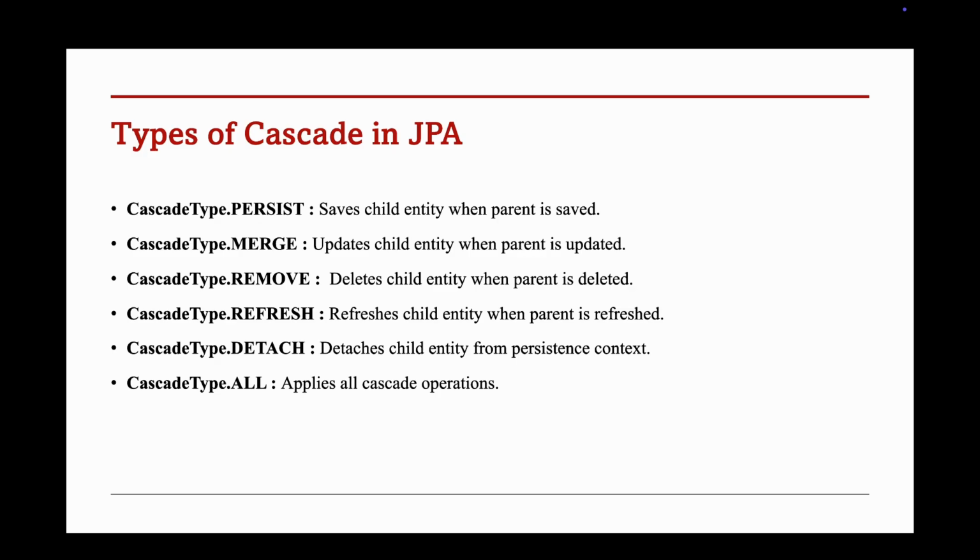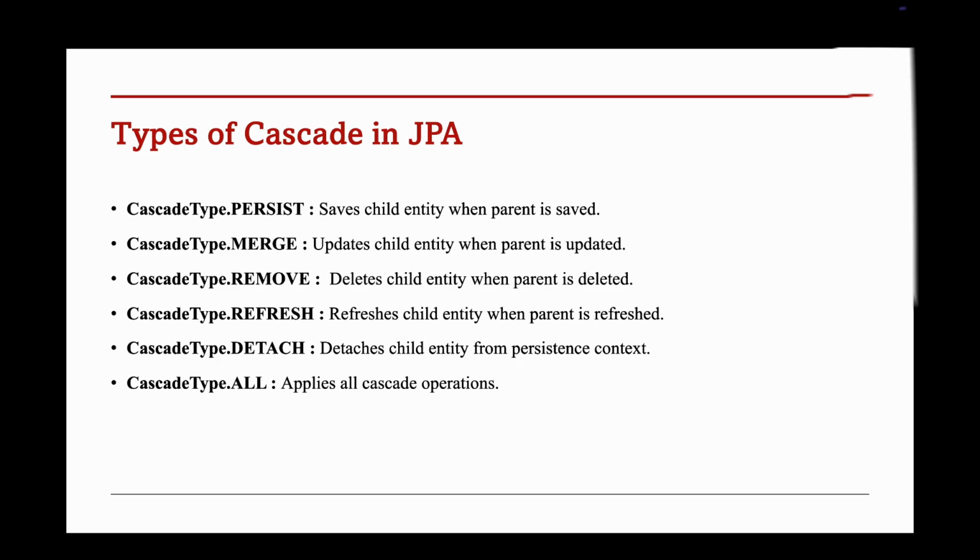This is the combination of all cascade types. It includes persist, merge, remove, refresh, detach. So when you use CascadeType.all, all operations propagate automatically. Now important note. Don't blindly use all everywhere. Understand your use case first. Cascade controls propagation behavior.